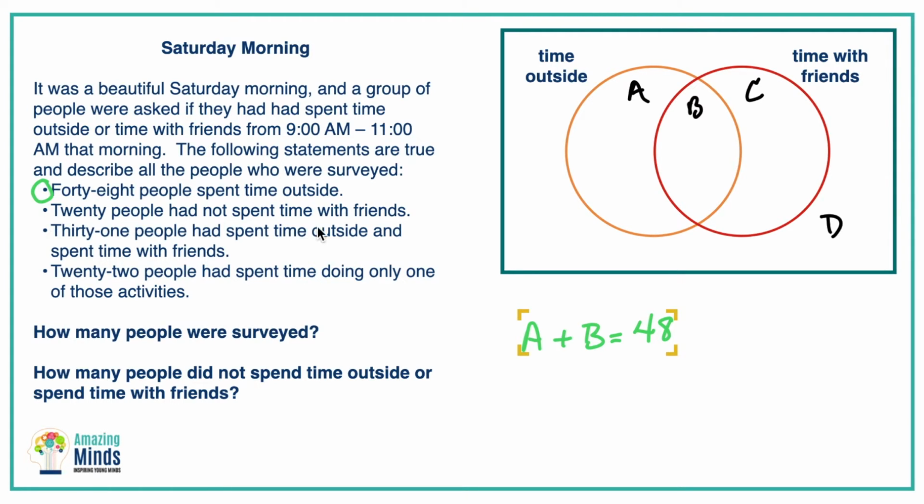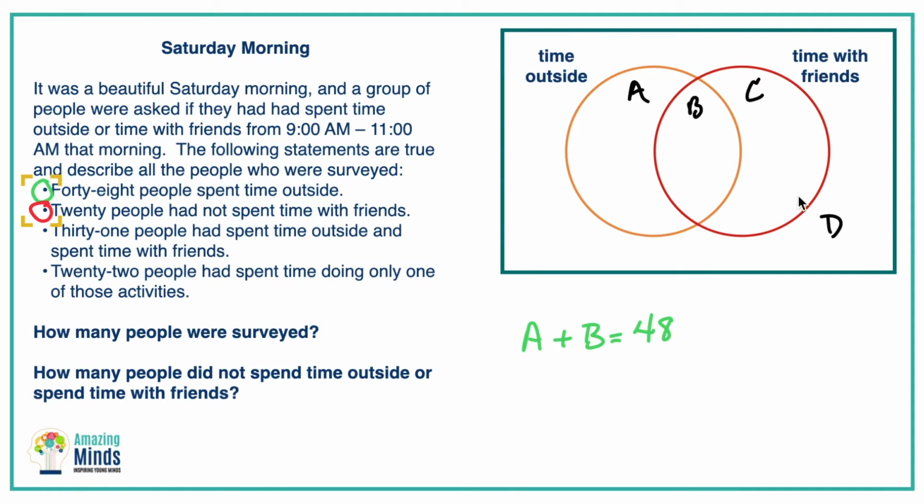20 people had not spent time with friends. So what is the main misconception or misunderstanding they may have? They'll just include A. So go back to some examples you have, go back to a visual example, and talk about what does it mean that they had not spent time with friends. So ask them, where are the people who did spend time with friends?